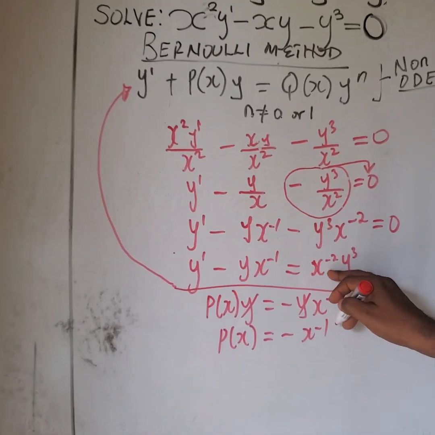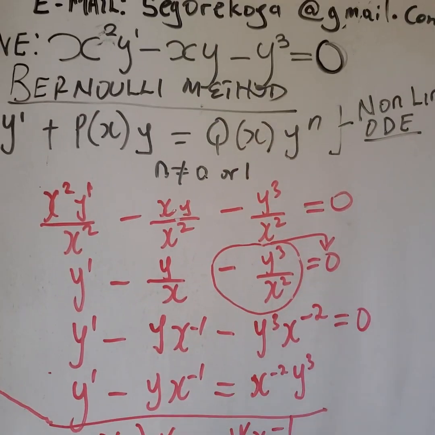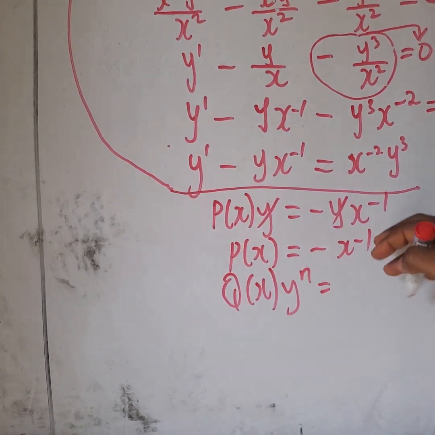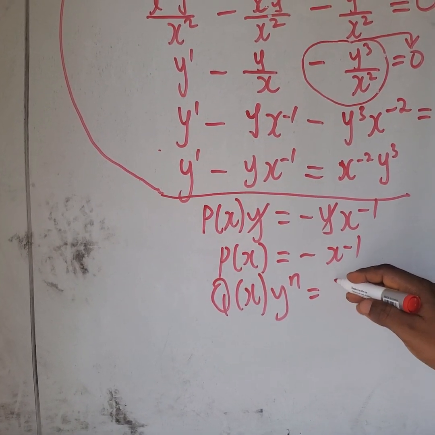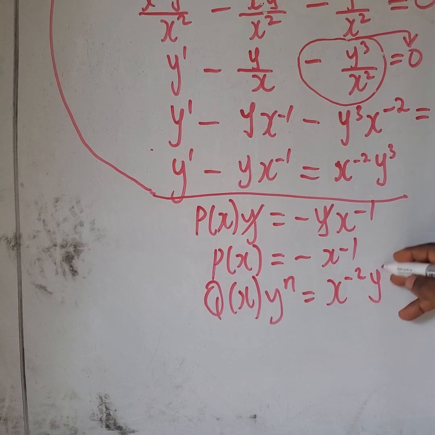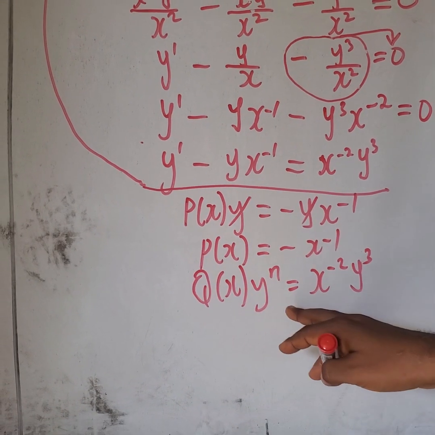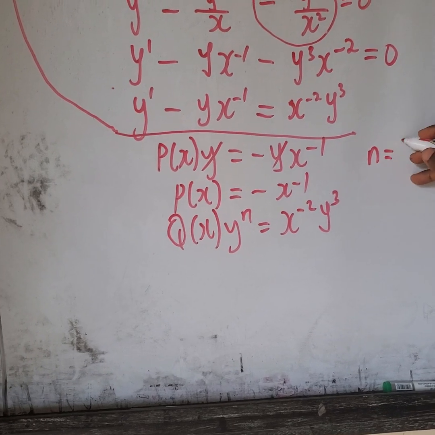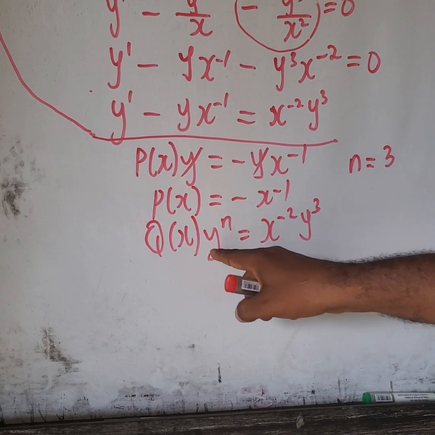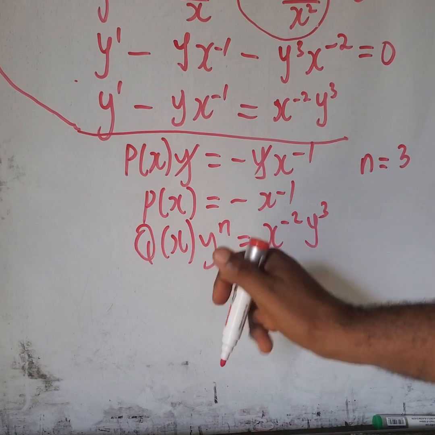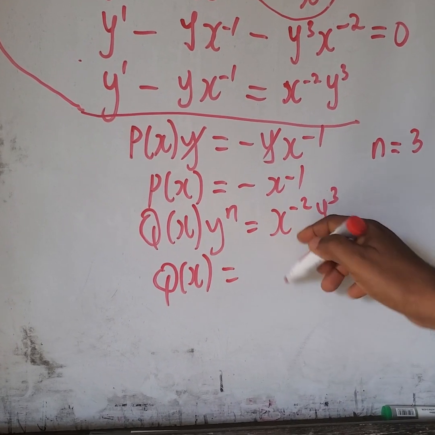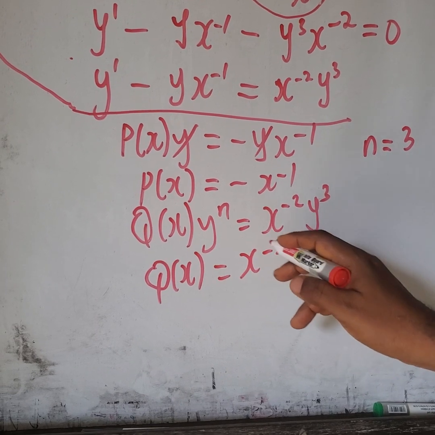Also, if you look at this one and this standard, q function of x times y raised to power n is equal to this. That is s raised to power minus 2 y raised to power 3. By comparison, we can see that our n is 3. The n is 3. And we can see that y goes with y. Then, therefore, q function of x will go with s raised to power minus 2.